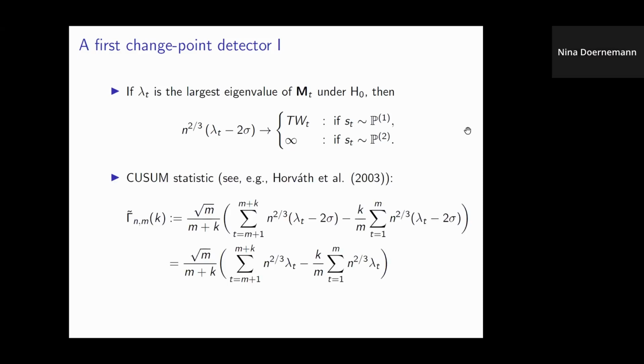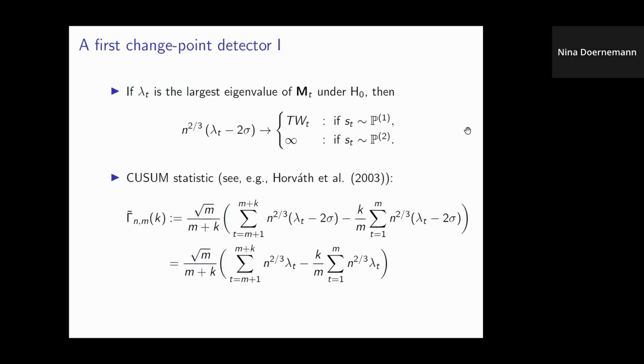So one idea, to use this result across all the different t's, would be to consider a very well-known statistic, namely the CUSUM statistic of these eigenvalue functions. And we see that if we consider this type of CUSUM here, what is really nice is that the sigma, which is unknown to us, so the variance of the Wigner matrix, will cancel out.